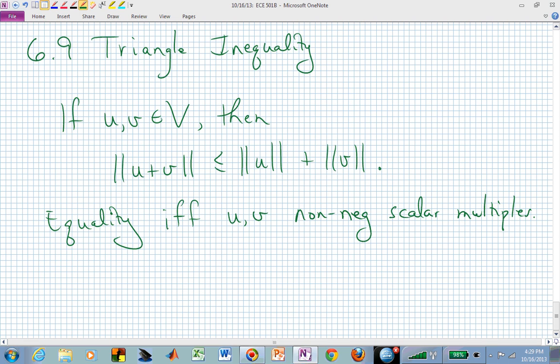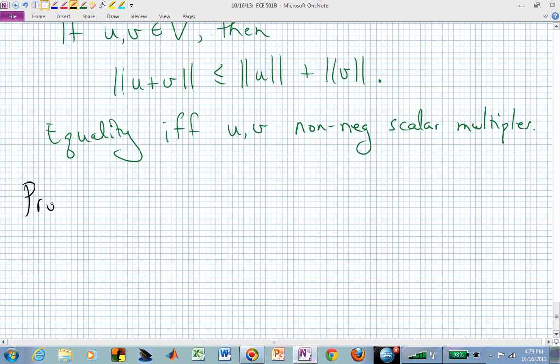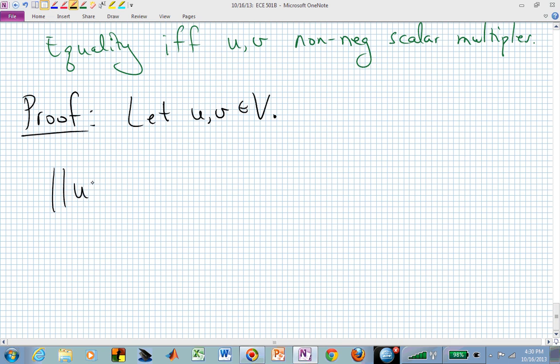All right, let's see where this is coming from, or try to justify this by a proof. We start with the given information. U and V are in our vector space V. And a lot of times it's easier to work with the norm squared and not just the norm.